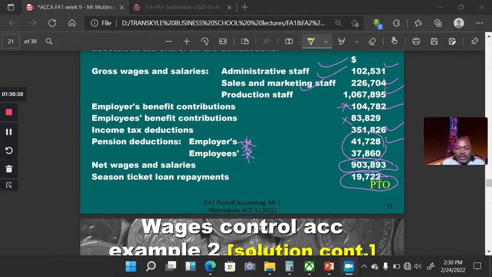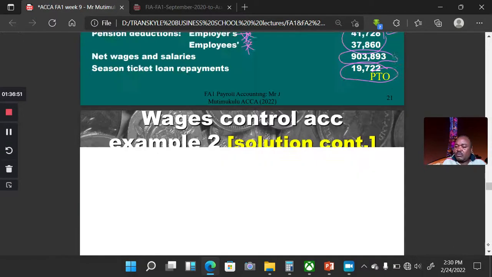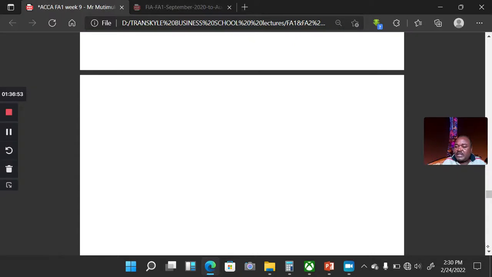Okay, when it comes to the employer, there are no employer taxes here. These tax deductions are for the employee, so you just have to ignore that.